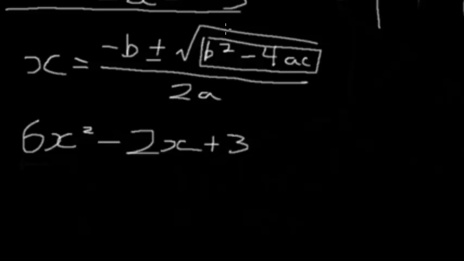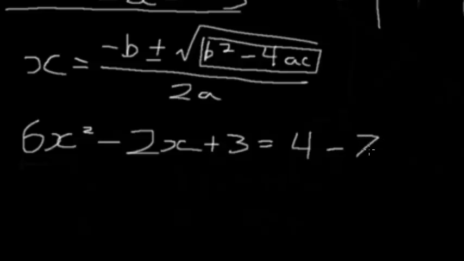Now if we do what we did with the discriminant earlier and put it into the equation, it's going to be 4 minus 4 times 6, which is 24, times 3, which is 72.